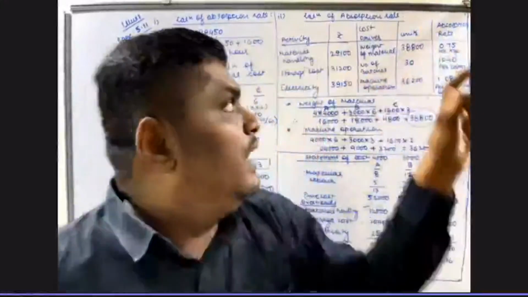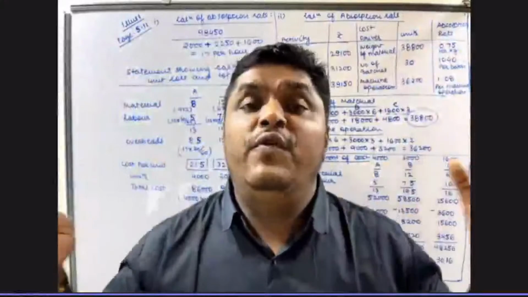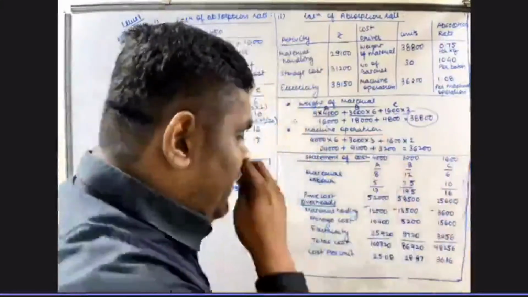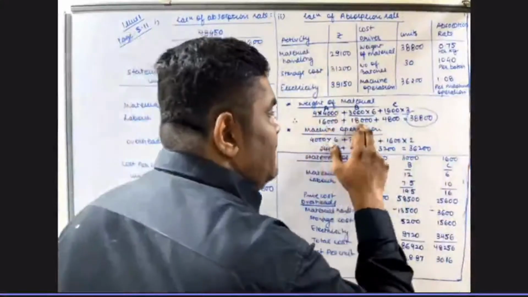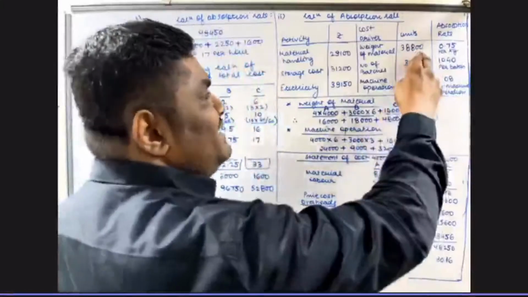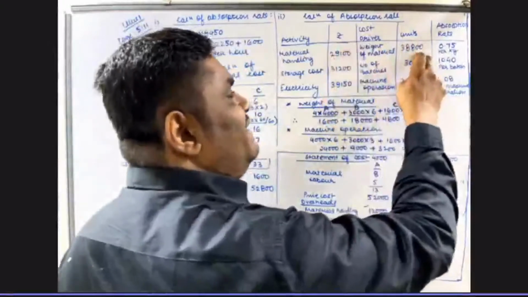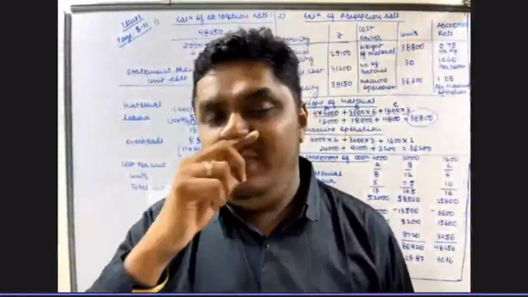Now how come 38,800? ये total quantity of raw material used है to manufacture A, B and C. A में 16,000 kgs, B में 18,000 kgs और C में 4,800 kgs. This is how I got 38,800.